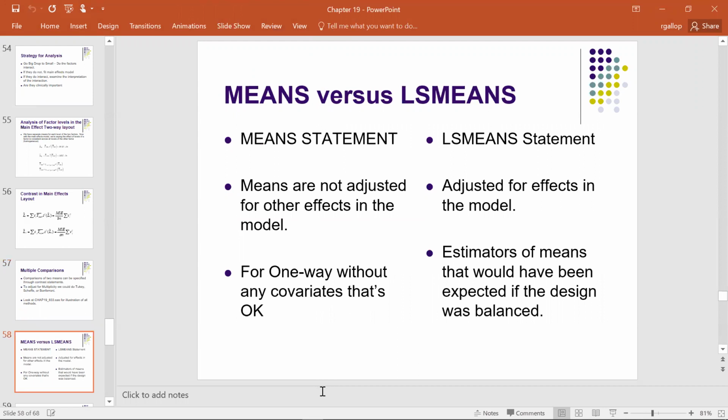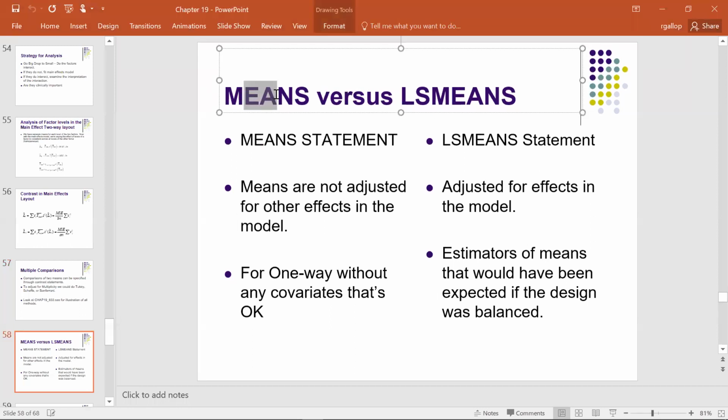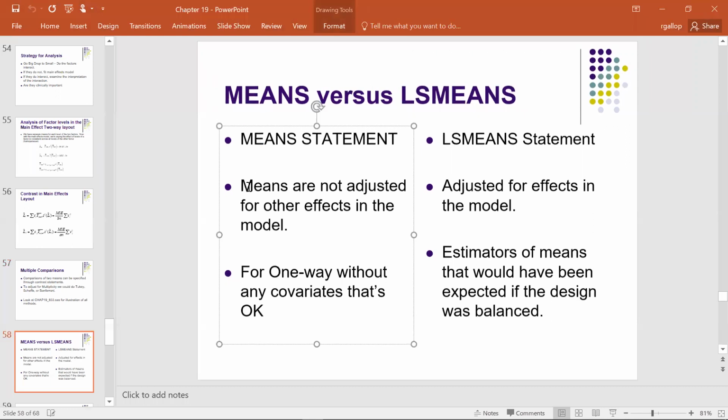Well, so far we've seen that in estimating cell means you could do it either via the MEANS statement or the LSMEANS statement. I usually lean on the LSMEANS statement. The big thing with the MEANS statement is that the means are not adjusted for other effects in the model. For one-way without any covariates, it's okay.